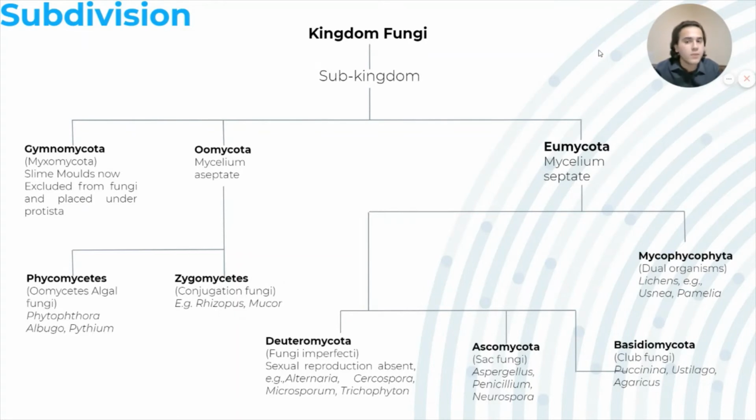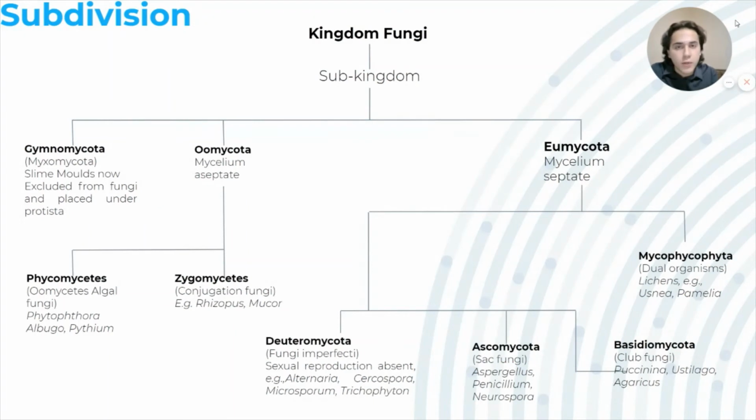The Zygomycetes, explained as conjugation fungi, have an example in Rhizopus mucor. And the Phycomycetes, the algal fungi, have as examples in Latin Phytophthora, Albugo, or Pythium.